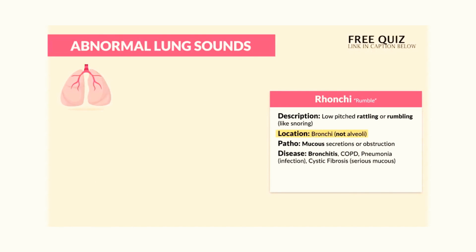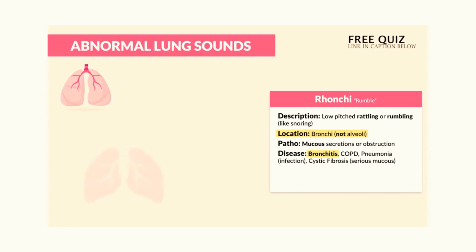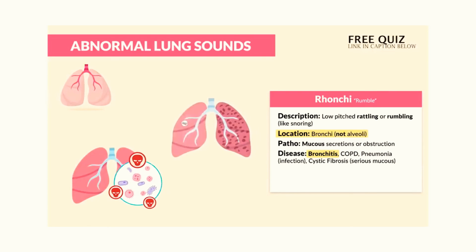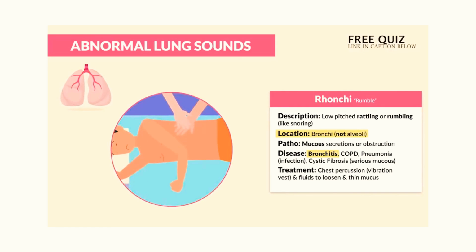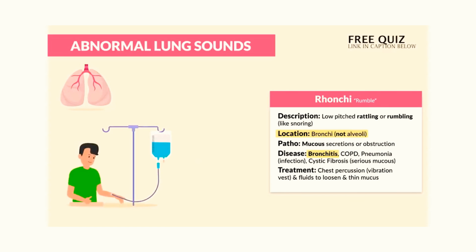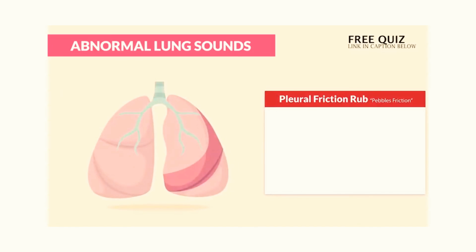The typical diseases that we see this in are bronchitis, COPD, pneumonia, where we have infection, as well as cystic fibrosis, where we get serious mucus. Now, the treatment we use is chest percussion, or basically vibrating the chest with a vest, and fluids to loosen and thin that mucus.